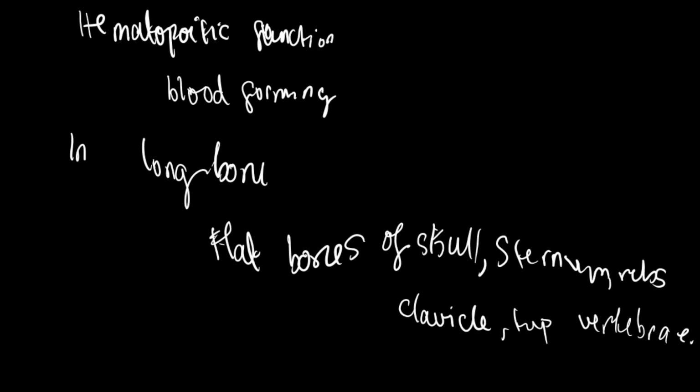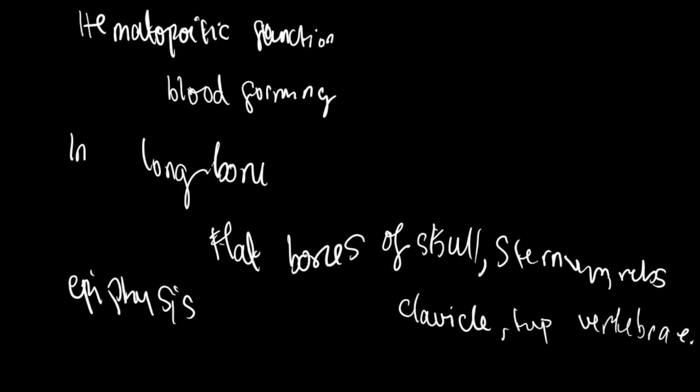However, in places where we have spongy bone, hematopoiesis does take place. For example, we have spongy bone in the epiphysis of long bones, so it makes sense that hematopoiesis takes place in the epiphysis. Within the cavities formed by the trabecula, we have red marrow and hematopoiesis takes place there.